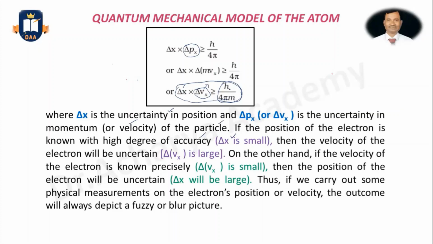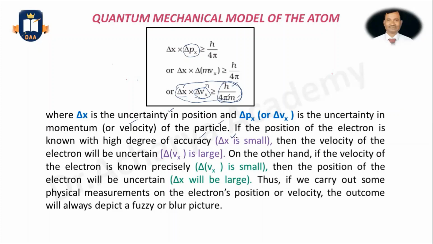So the right side is constant, because m is constant, h is the Planck constant, and pi is constant. The left side is the multiplication of two factors. So if delta x is very small, then delta vx will be very high. Delta vx very high means that the momentum is more uncertain in nature.